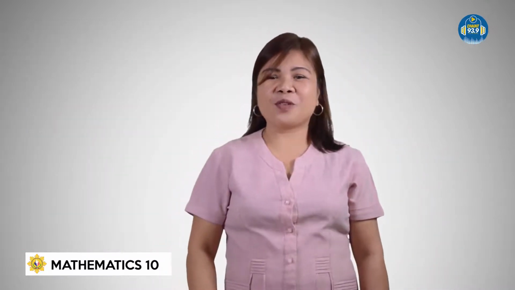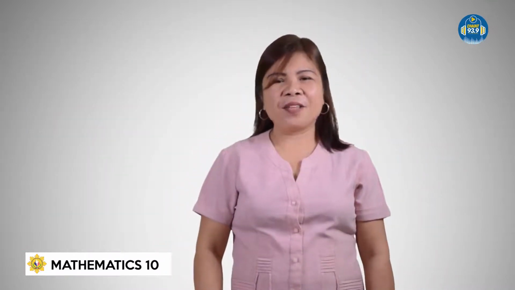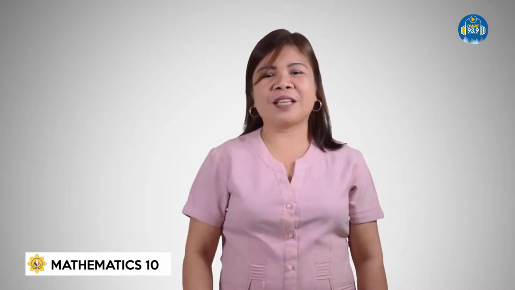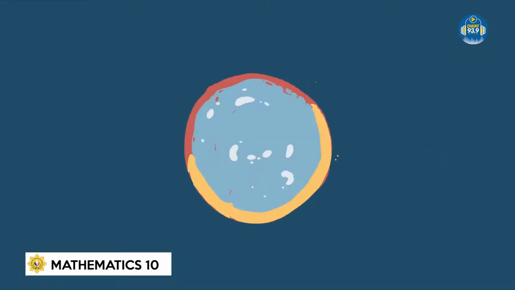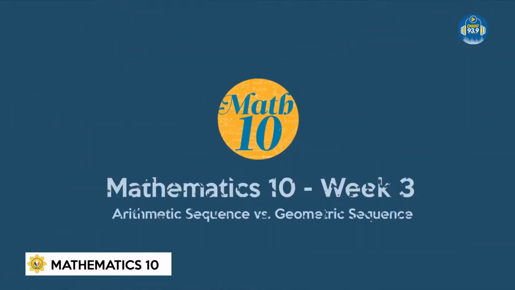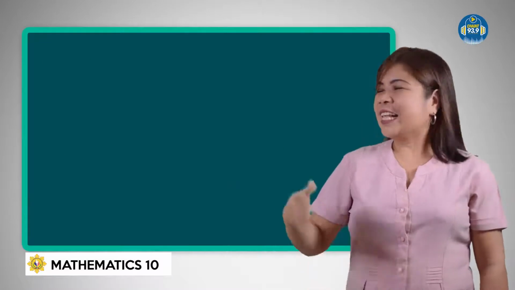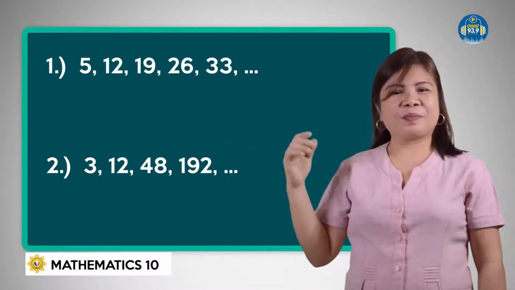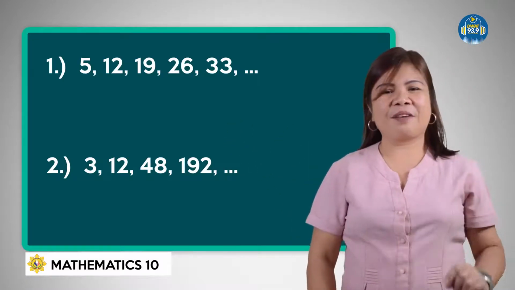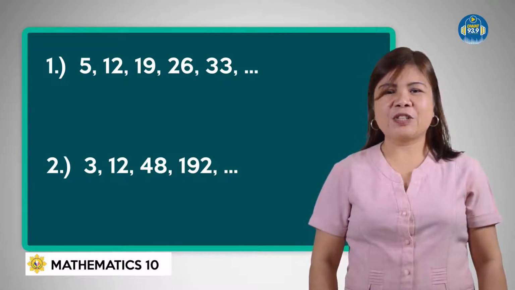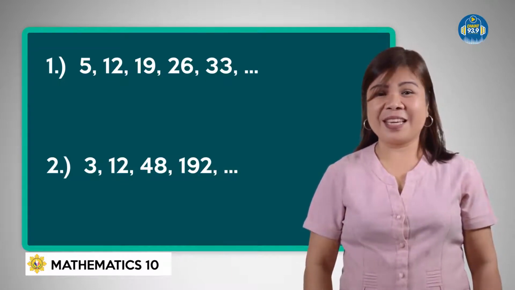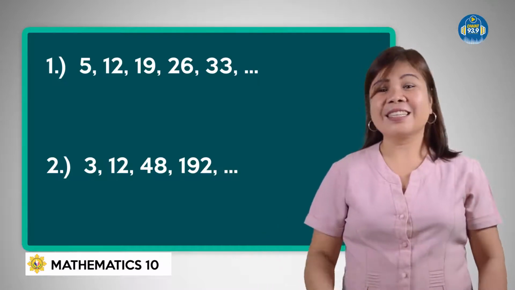Now, let us try to differentiate arithmetic sequence from geometric sequence. Let's have two sequences. Number 1, we have 5, 12, 19, 26, 33, and so on.